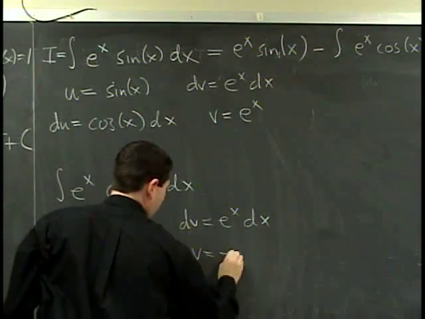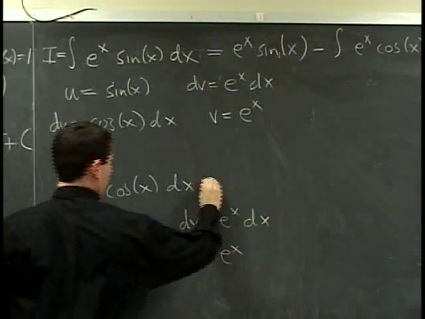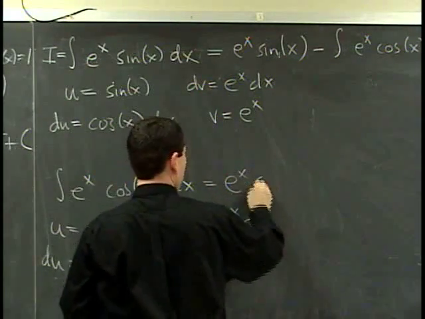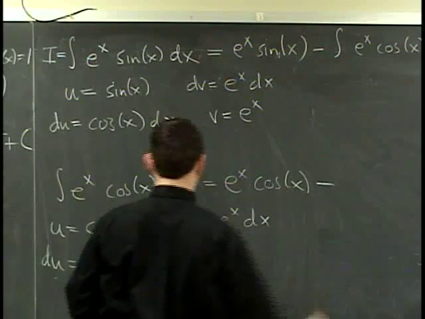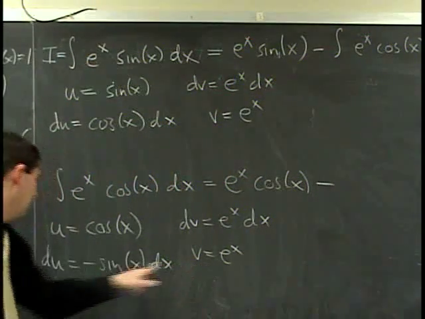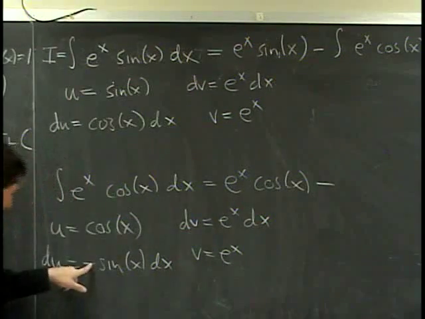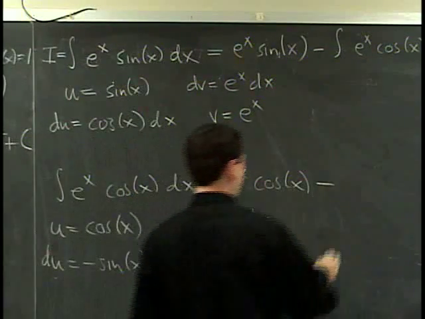V is still e to the x. So this works out to be uv, e to the x cosine of x, minus the integral of v du. Ah, we get what we suspected we would get, except we get an extra minus out here, which makes it into a plus.